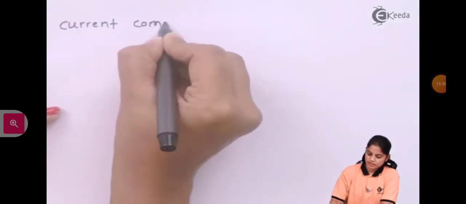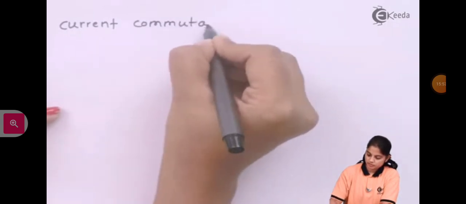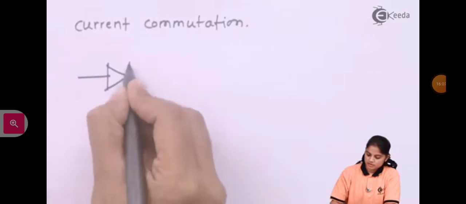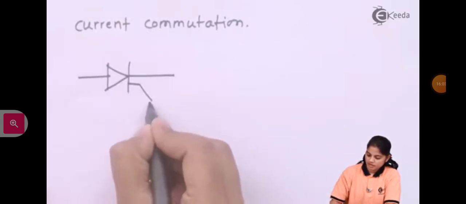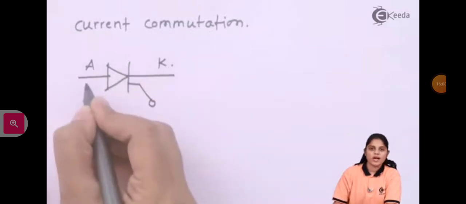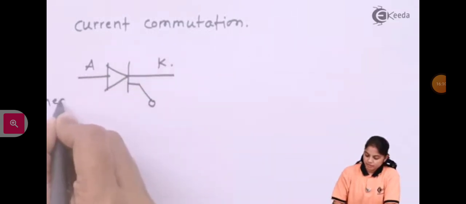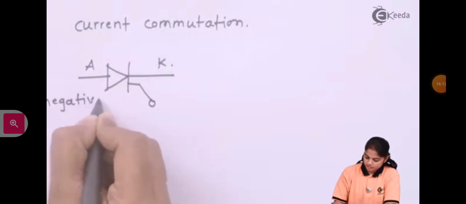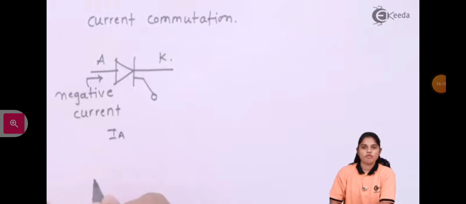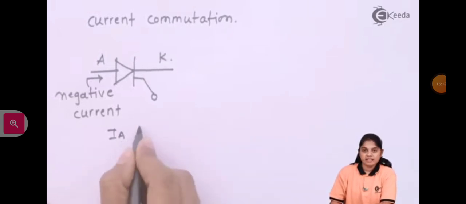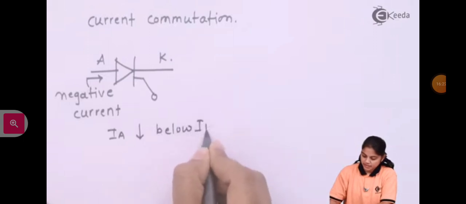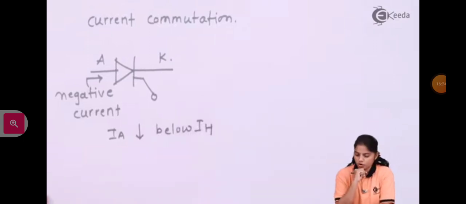So in current commutation, if this is the symbol of SCR having a gate terminal, anode and cathode, you have to provide negative current to the anode terminal so that your IA, that is the forward current, will be reduced below holding current and then your SCR will be turned off.